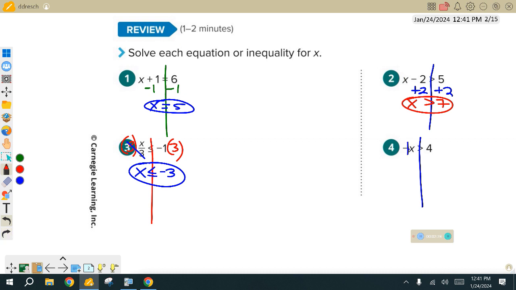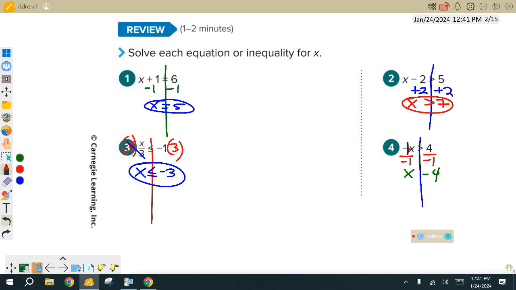Correct. A multiplication. And the inverse of multiplication is division, so we're going to divide both sides by -1, which would equal x is greater than -4.